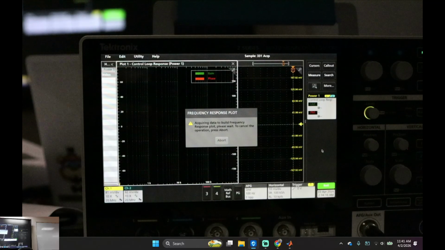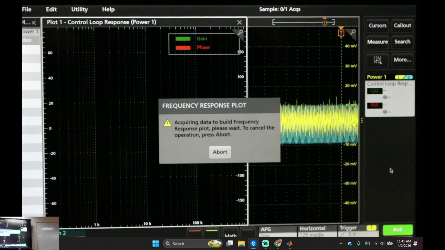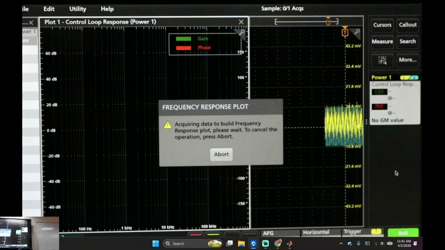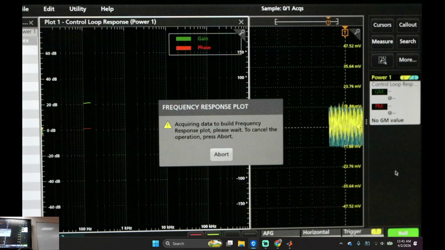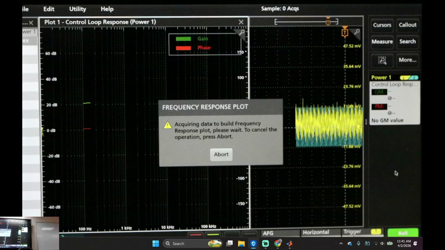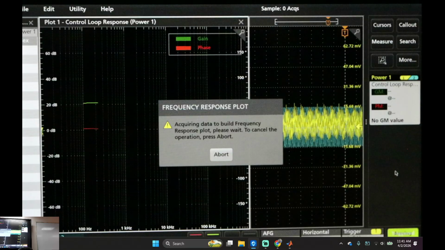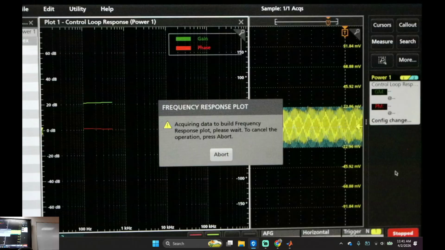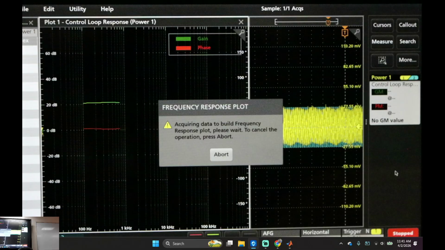It looks like my Wi-Fi is bad, but it should be okay. You see that sine wave right there? No. It's a pretty bad sine wave. Why is it at 20 darn dB? Why is that 20 dB? It's a high pass filter.